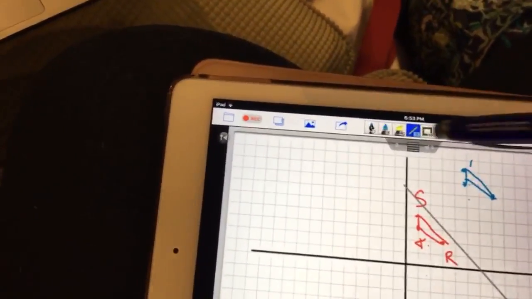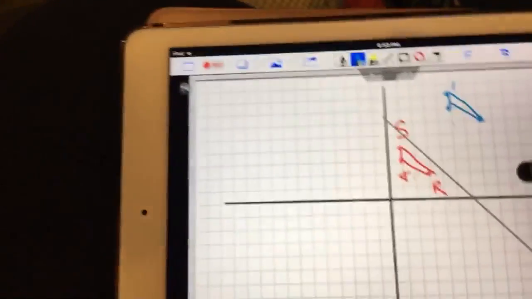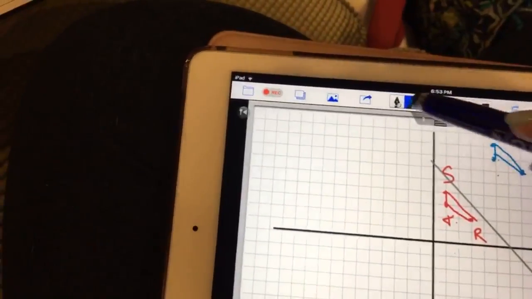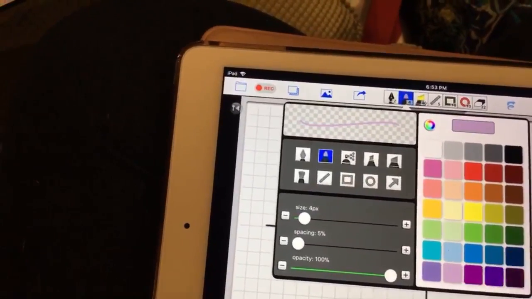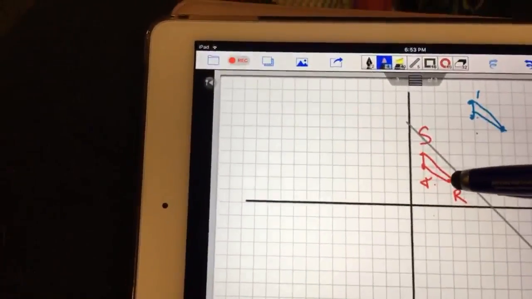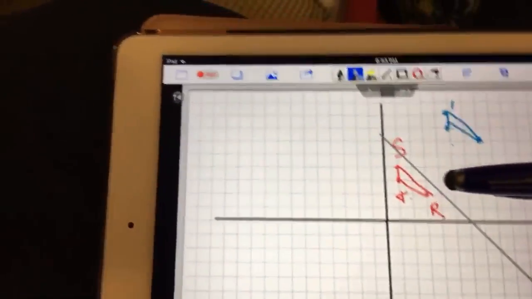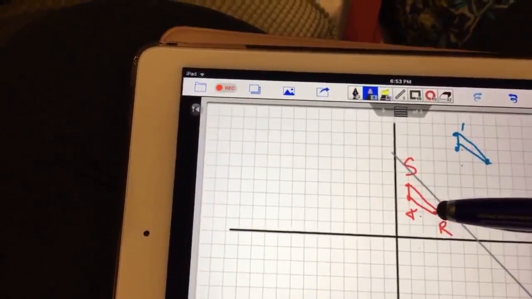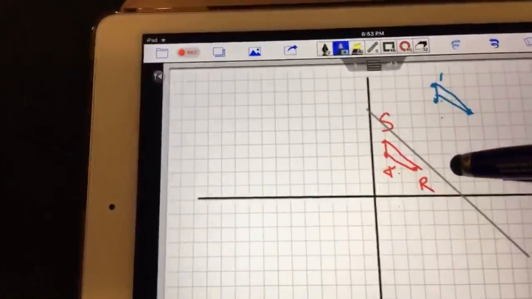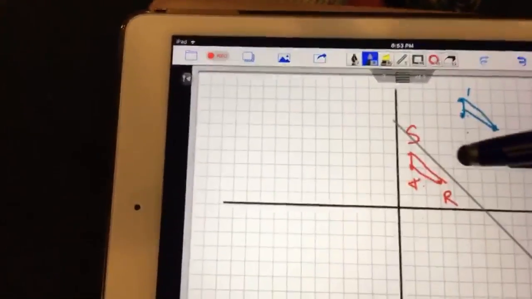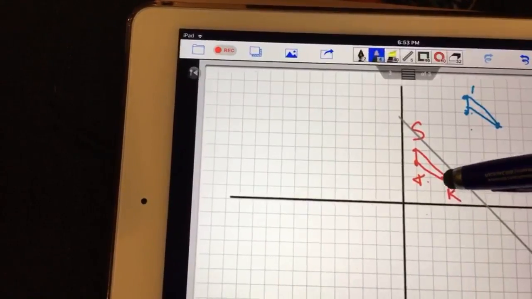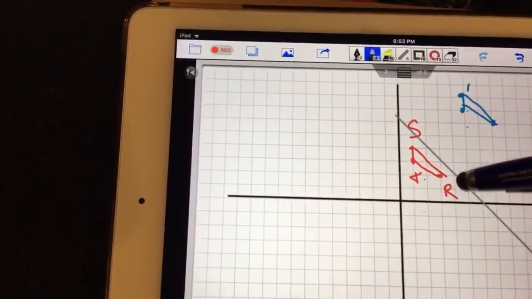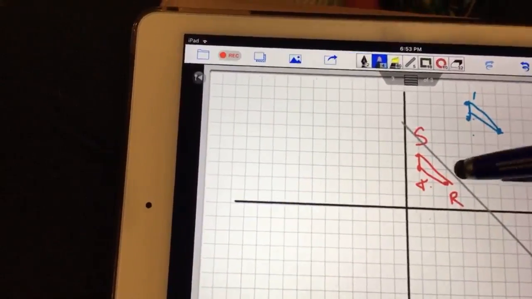What I'm going to do to make that happen is pick a different color. This works because this line has a slope of negative 1. I'm going to go to that point horizontally and then up vertically.